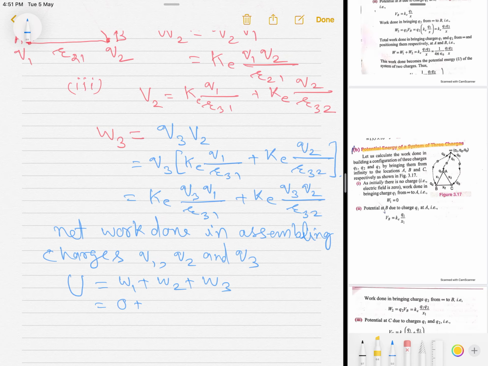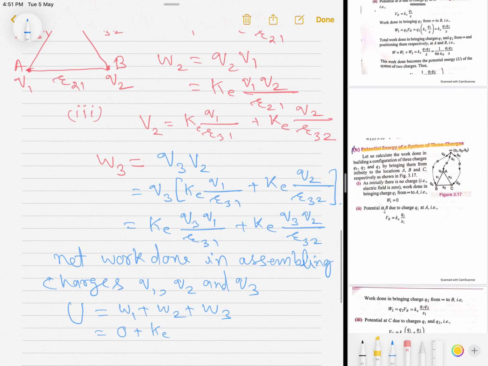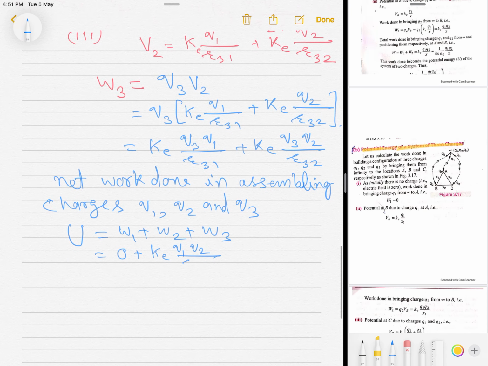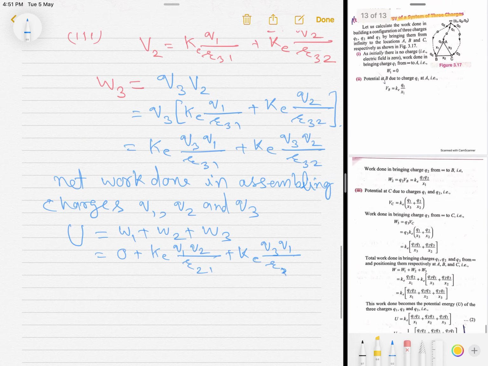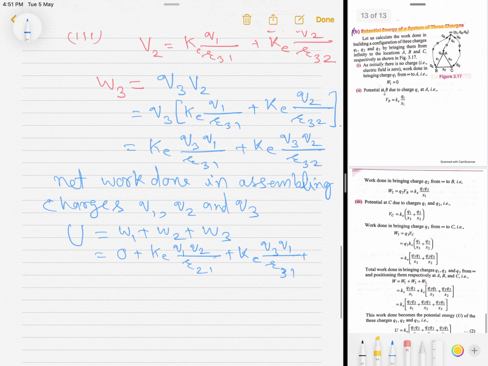W1 is 0, W2 is Ke q1 q2 upon R21, plus Ke q3 q1 by R31, plus Ke q3 q2 upon R32.